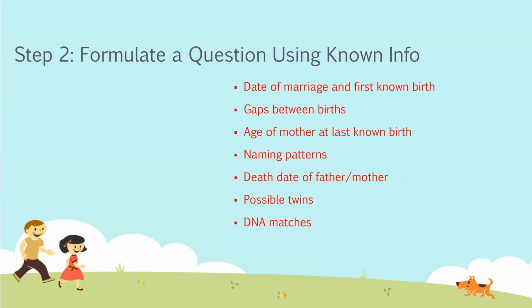Secondly, formulate a question. Once you have some information about a baby, or you at least think there may be one, these are some things you need to question. First of all, look at the date of marriage and the first known birth. I have found so many children who were born outside of wedlock and then the parents later married, or who were born before the mother got married and are not necessarily the child of the actual father of the family that came later.